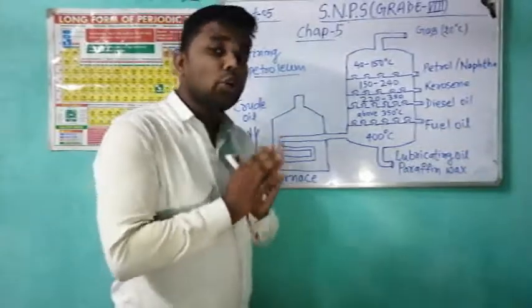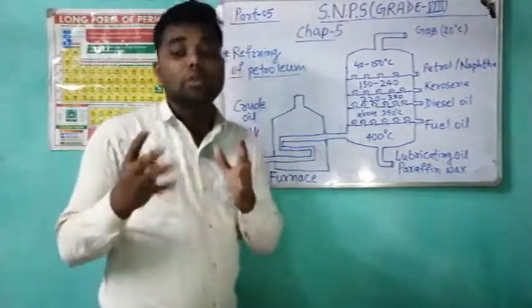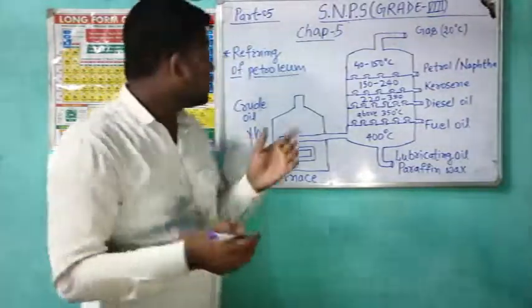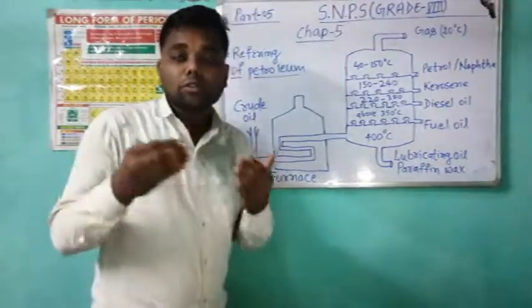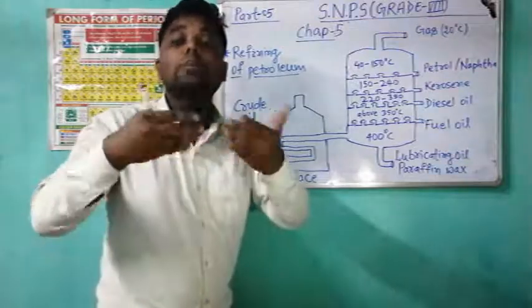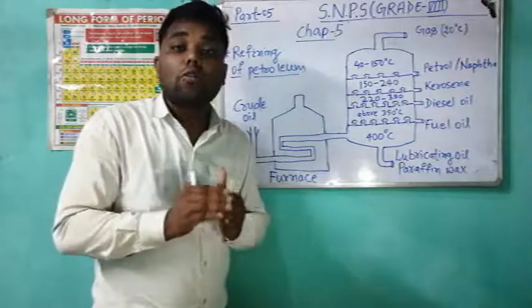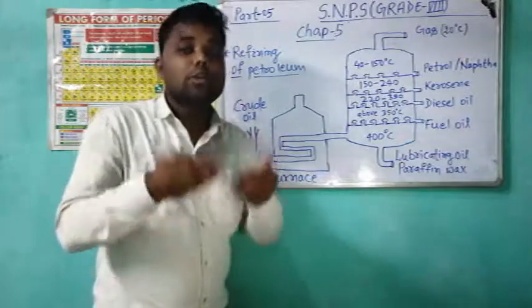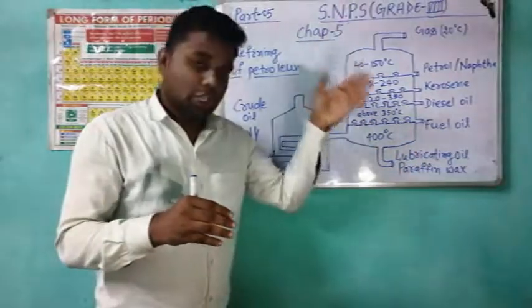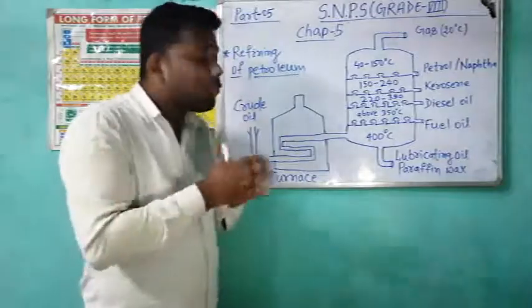Firstly, we should know what refining of petroleum is. Actually, this is a process of separating crude oil, also called petroleum, into its components. Crude oil consists of several useful products such as naphtha, petrol, kerosene, diesel, fuel gases, lubricant, and paraffin wax.